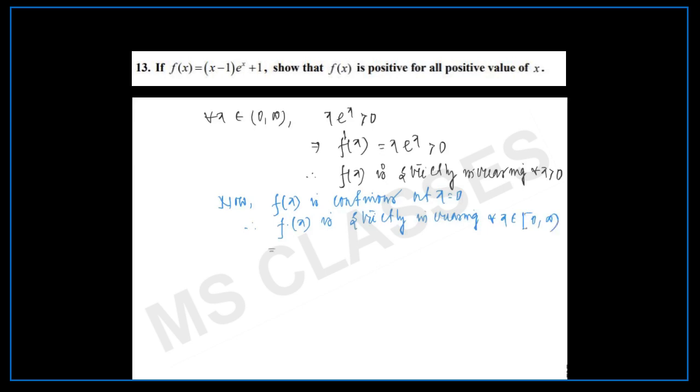And this implies f(x) is greater than f(0). Now, what is f(0)? If we find f(0) here, we get 0 minus 1 into e to the power of 0 plus 1, which is 0. Now, this shows f(x) is greater than 0.